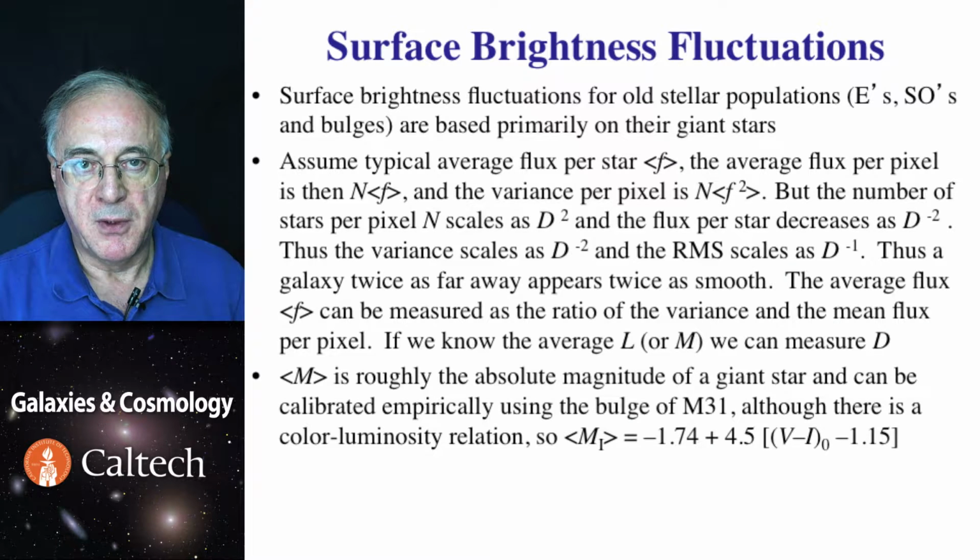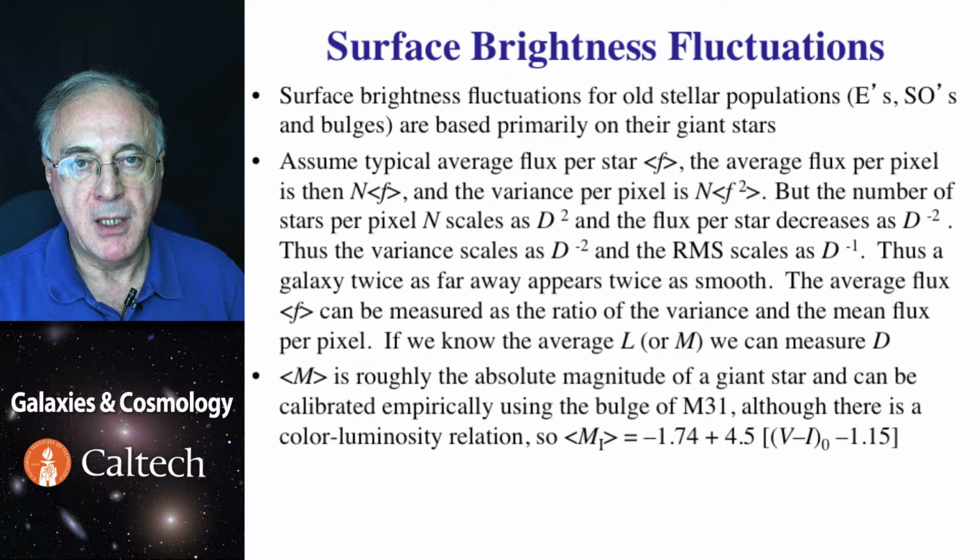Using that gives the following calibrating relationship here. Note that this is a purely empirically calibrated relationship using a galaxy to which we know the distance. However, there is likely to be some dependence on the actual coefficients of this equation, or I should say correlation, that will depend on things like the mean metallicity of stars in a given population and so on.